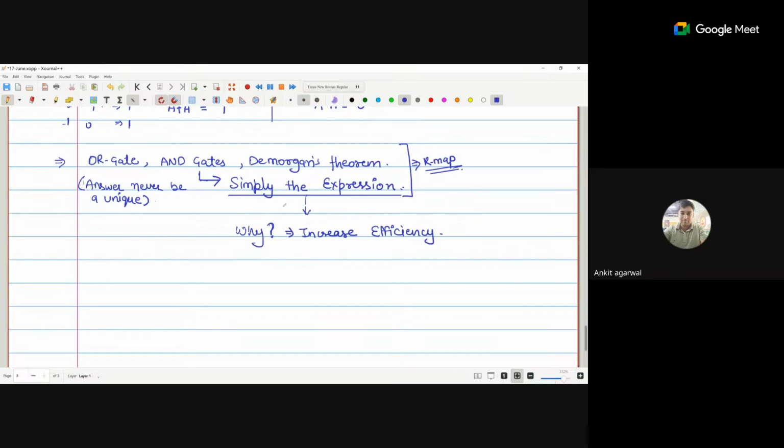Reduce the number of gates. Reduction in the number of gates can also reduce time delay. So these are the reasons why we require simplification of Boolean expressions.